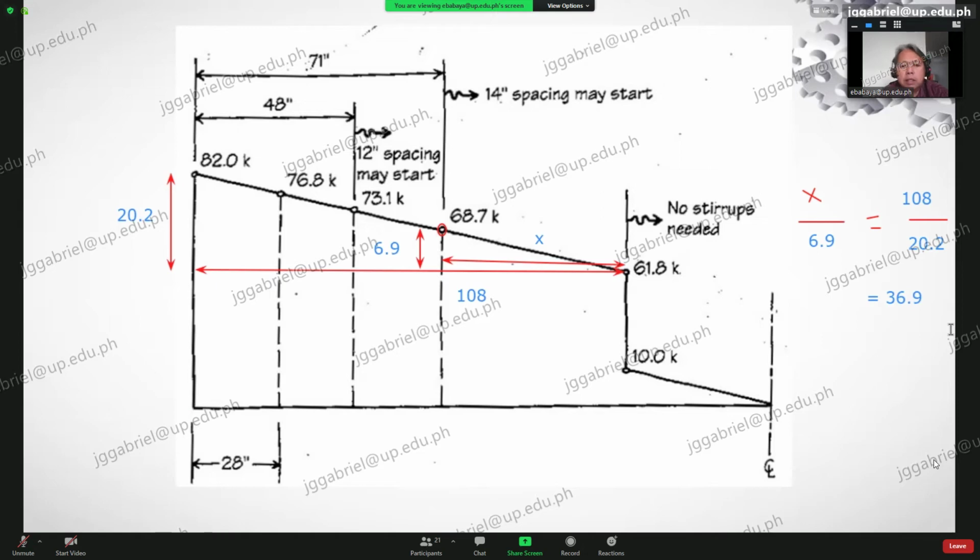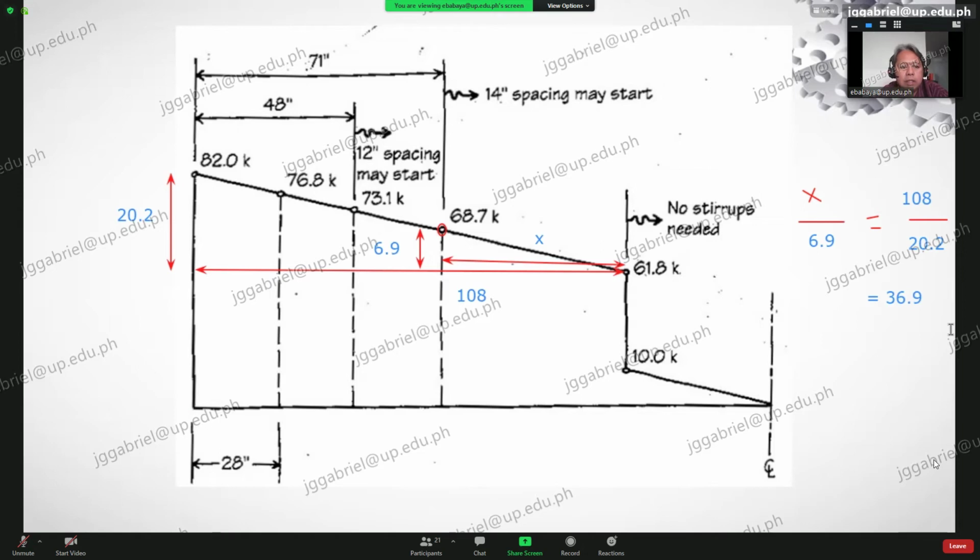So 36.9 minus 108. Let's say 37. Wait. You have to round down if you want to be conservative. So we will just say that's 36. So 108 minus 36 equals 72.